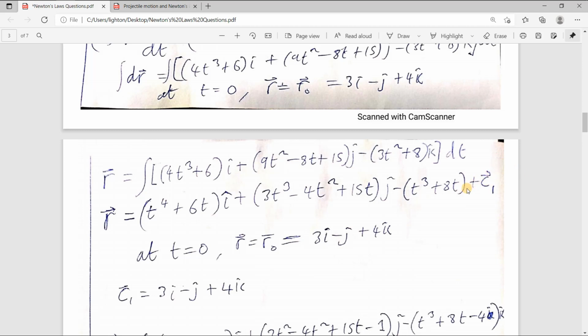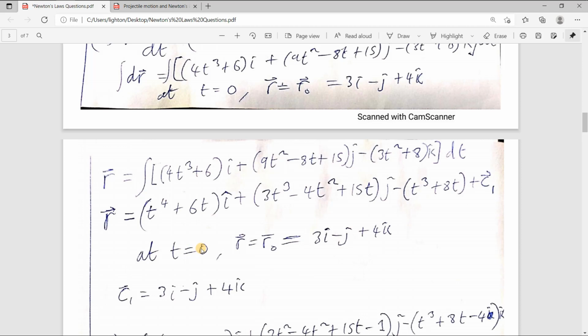I've placed it with a subscript 1 here, plus c1. So when you integrate this 4t to the power 3, you're getting this. When you integrate this 6, you're getting this. Integrate this 9t squared, you're getting this expression, this, that, and so on and so forth. Integration is something you know, I don't have to teach you that.